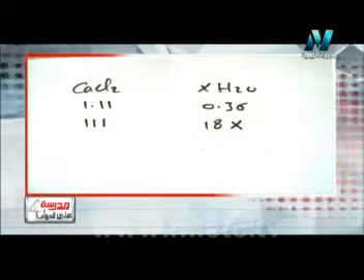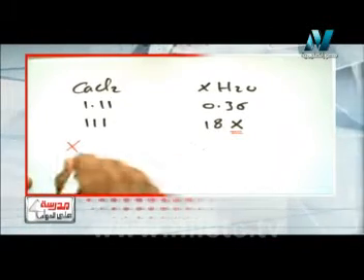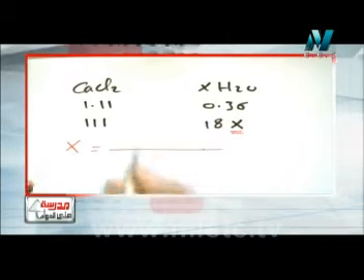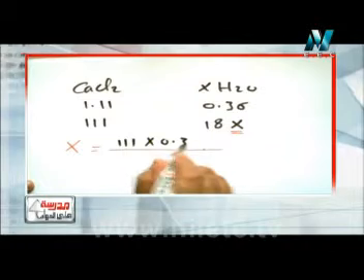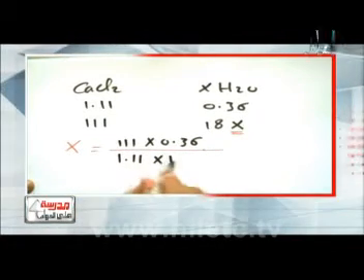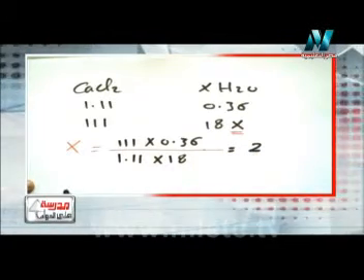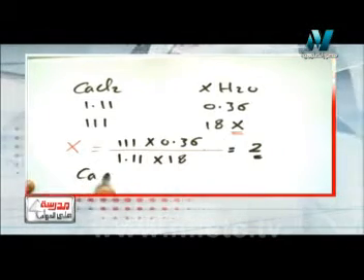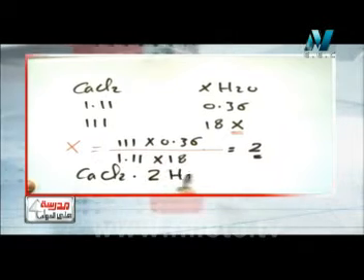We want to know X. X will be 111 times 0.36 divided by 1.11 times 18. This will be 2. So the number of moles of water, X, equals 2. So the salt will be calcium chloride dot 2 molecules of water.